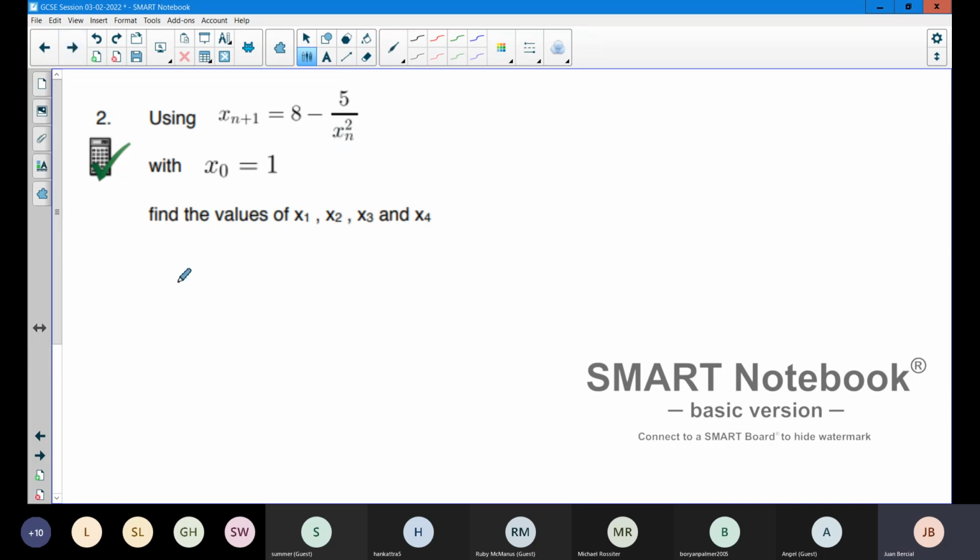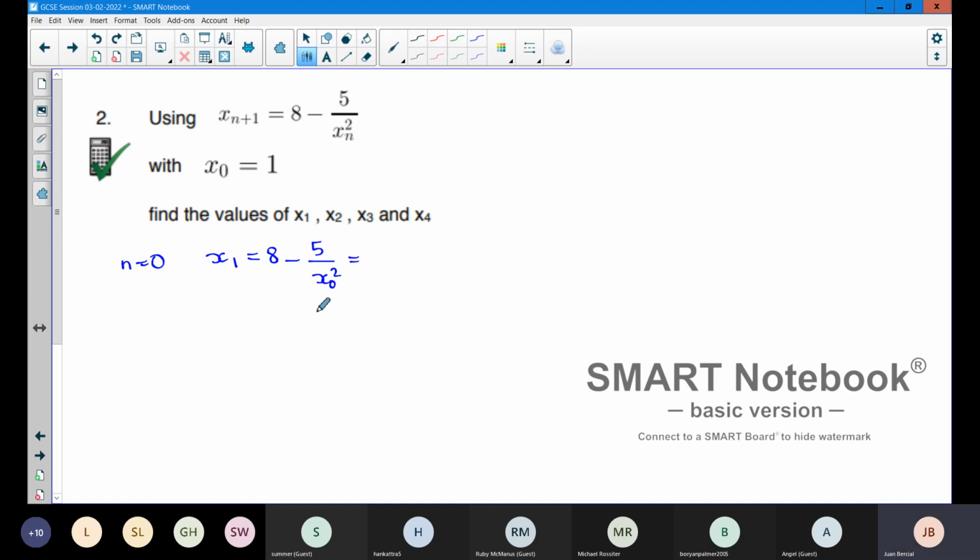Basically, when n is equal to 0, you've got x1, which is 8 minus 5 divided by x0 squared.